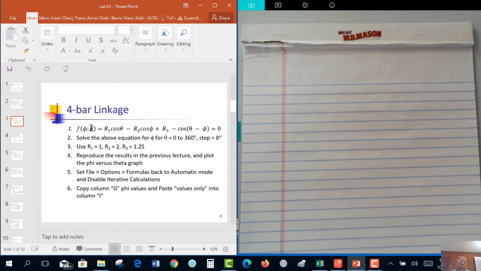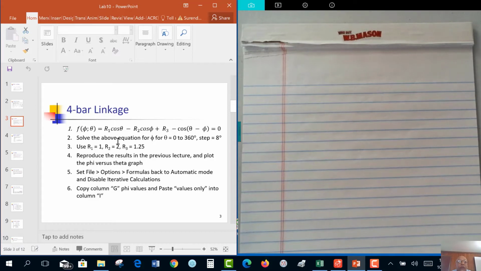Theta was the parameter that we were going to vary to find phi. We were going to solve this equation for theta from 0 to 360 degrees in steps of 8 degrees, and we were going to use these three ratios of the four link lengths.